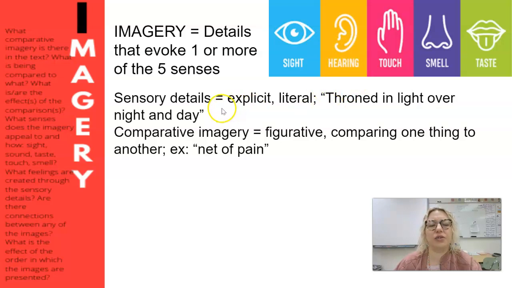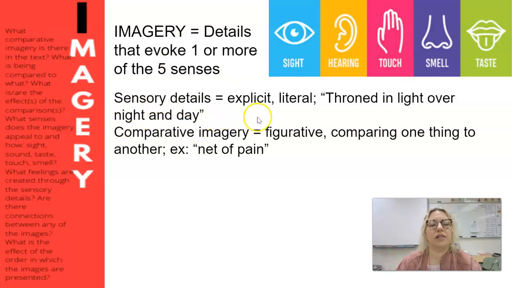Here's an example of sensory details from our last assessment. "Thrown in light over night and day." So it's imagery because we can see this. It's Zeus who's being described, as he is thrown in light. There's light all around him, putting him in sort of a higher position, right?